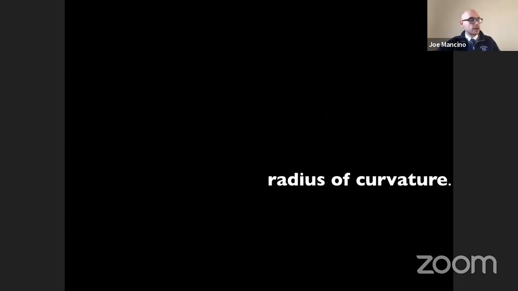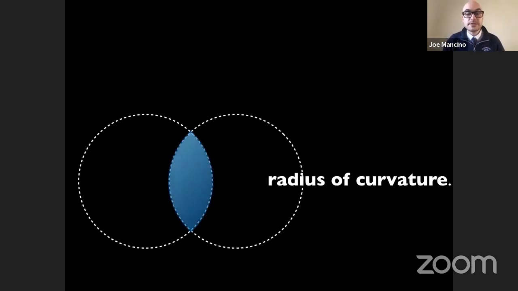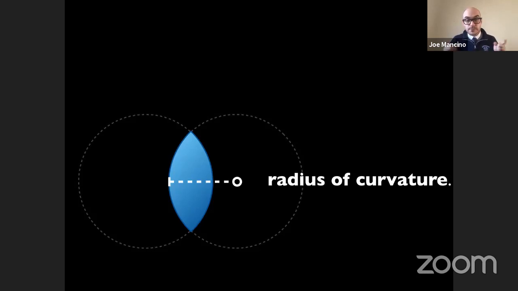Yeah, you mentioned radii and spherical lenses. We really do just mean the word radius in the same sense that you know it perhaps from geometry class. So here are two circles that overlap, a biconvex lens. A double spherical lens is a lens that bulges in the middle and is thin on the edges and really is the shape of a thin slice of the place where two spheres would overlap.